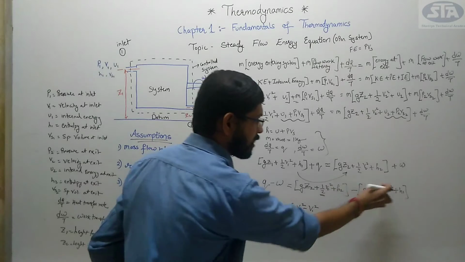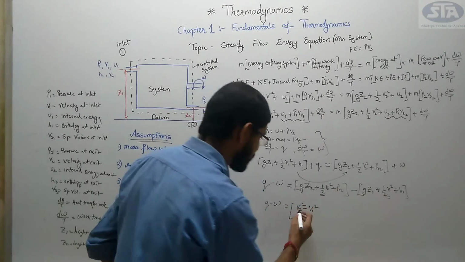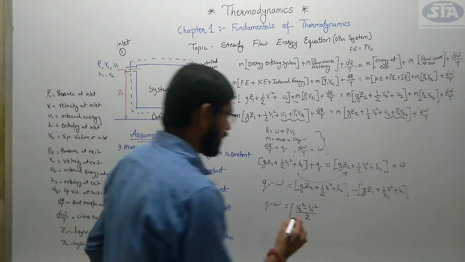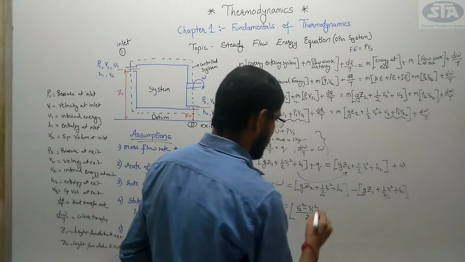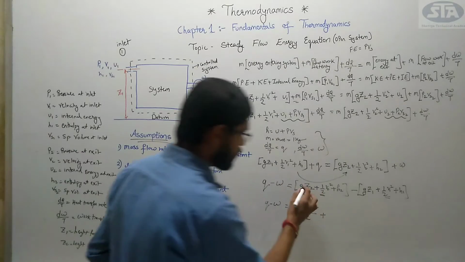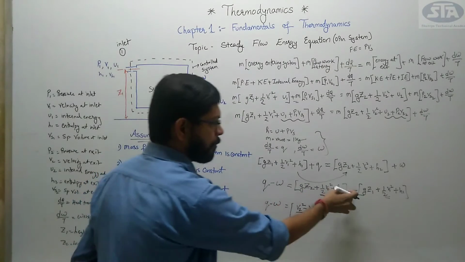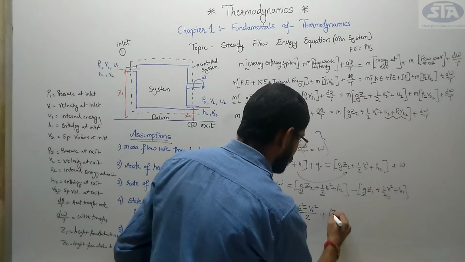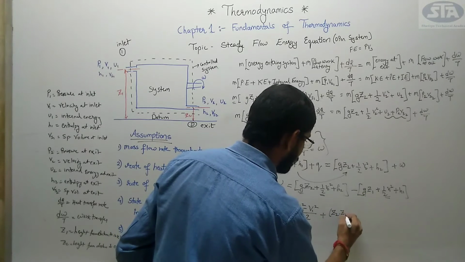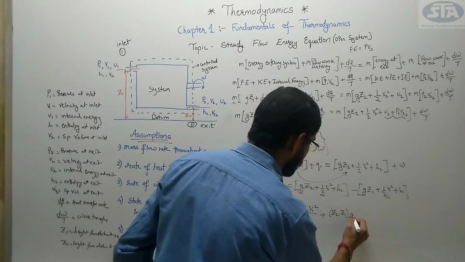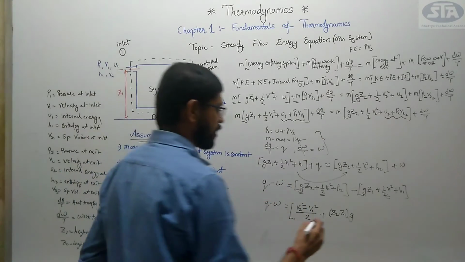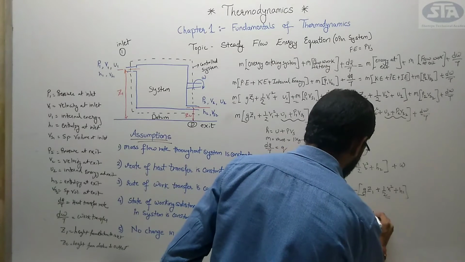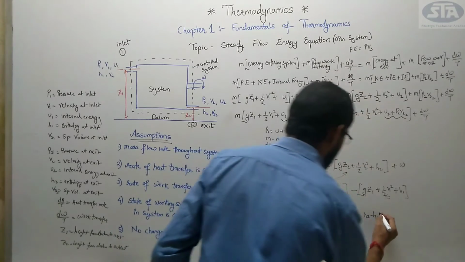V2 square minus V1 square, and half is there as it is, so I am dividing it by 2. Clear? Next, plus gZ2 minus gZ1, right? G is common, so can I write here Z2 minus Z1 multiplied by g, plus H2 minus H1. Clear?